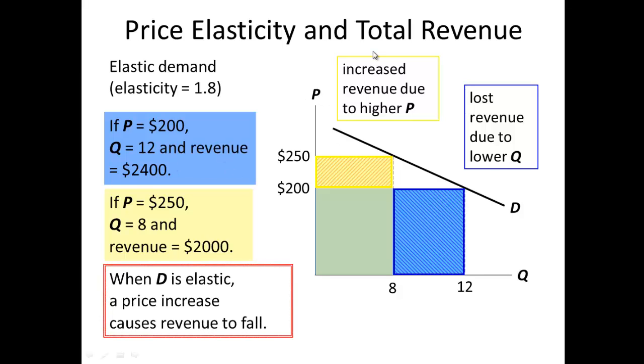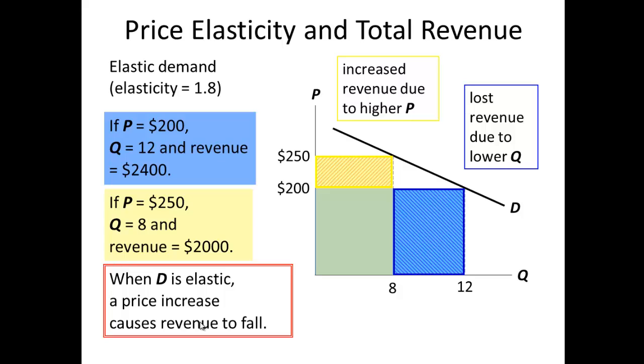Now, also, let me bring this to you. When we have the quantity effect, basically what we're saying is that the demand is elastic. We see this because the elasticity is 1.8, which is greater than 1. When demand is elastic, a price increase causes revenue to fall because, as the price increases, there are probably ample substitutes because of the competition.